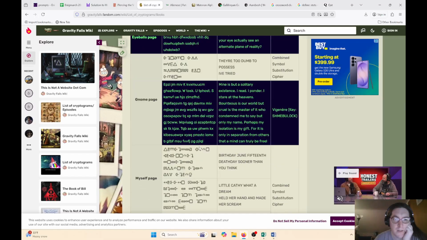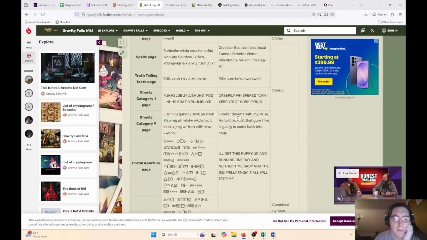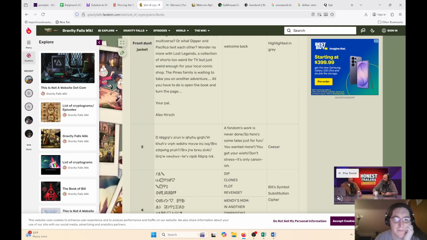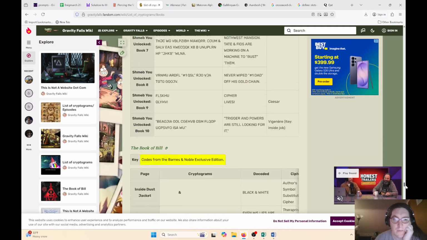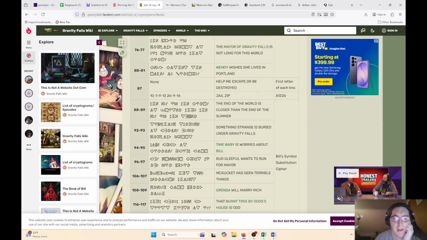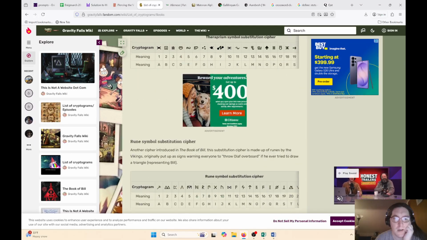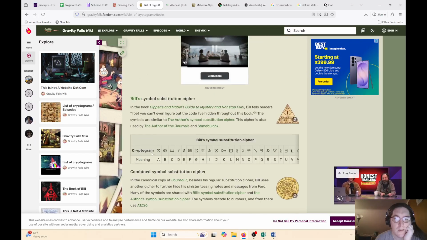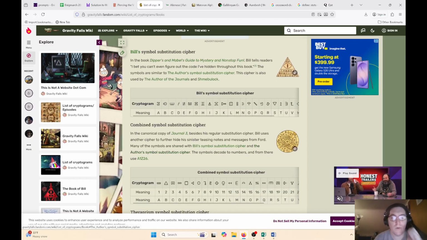Yeah, if that's all the symbol ciphers, then I can't believe I didn't use Gnomish. Gnomish was the one that I had to decode when I was a kid.